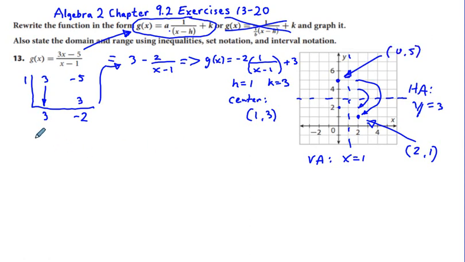And one way you could also analyze this is to create a table. If you have x and g of x, you take one value to the right of the vertical asymptote, which is 2, and one value to the left of the vertical asymptote, which is 0, and just plug in and see what you get.